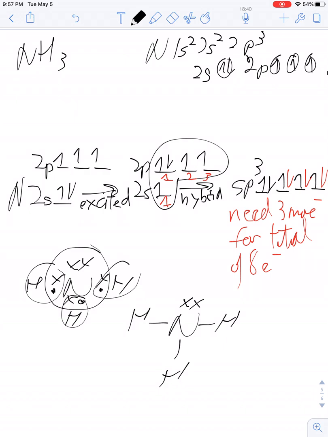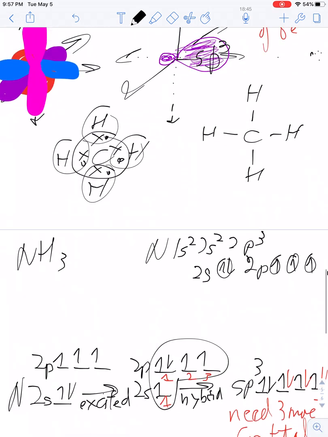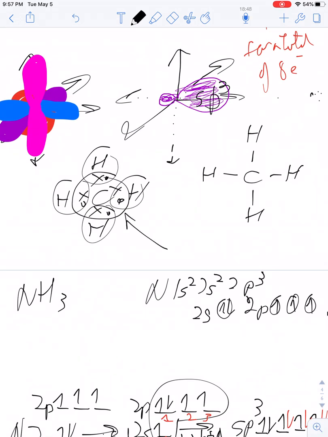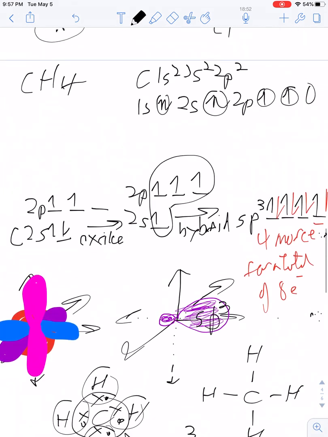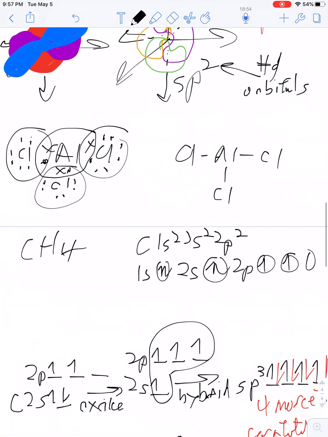So the hybridization on that central nitrogen is sp3. The hybridization on that central carbon is sp3. The hybridization on that central aluminum is sp2.